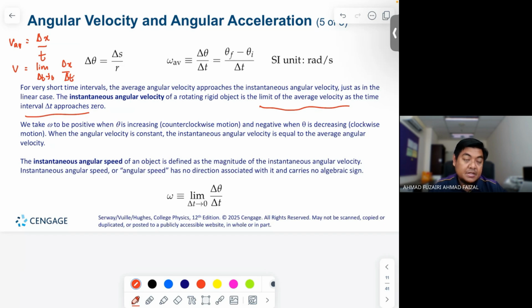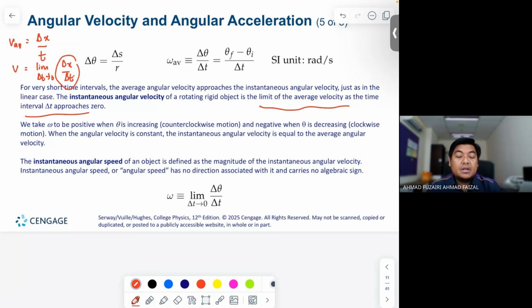We cannot have delta t equal to zero, but we can think of delta x over delta t as the instantaneous value. That means at that particular time, what is the velocity?